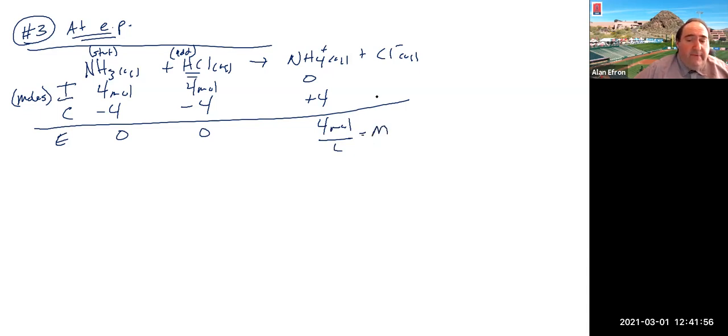And what are we left with? Well, what we're left with is really this guy right here. We're left with this guy as well, but I ignored it because it is chloride, which means it's a neutral salt, not going to do anything. But this guy is a salt that will go through hydrolysis because it came from a weak base.